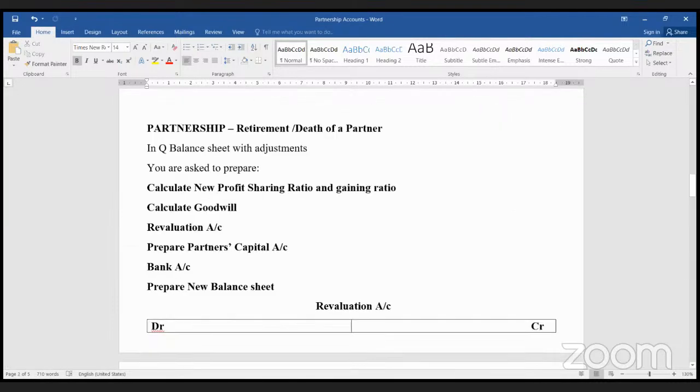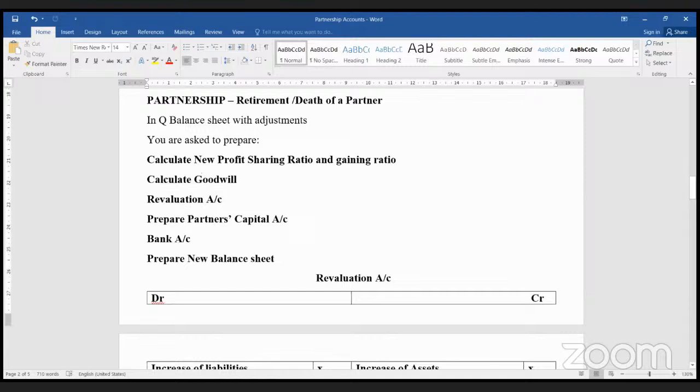That's why he's compensating. Whereas in this retirement or death, because that partner is leaving the firm or left the firm, these partners are gaining. So it is reverse. Can anyone tell who gives to whom?